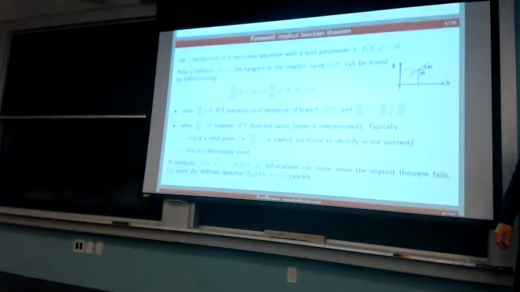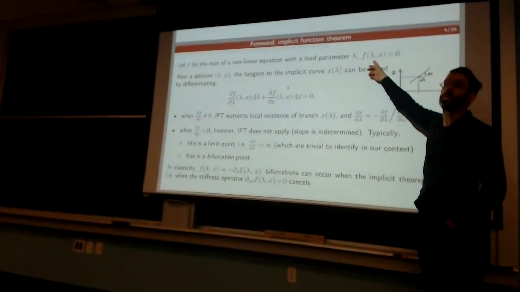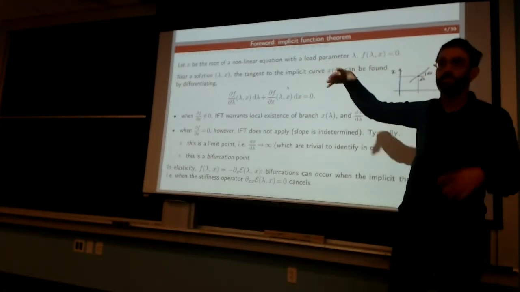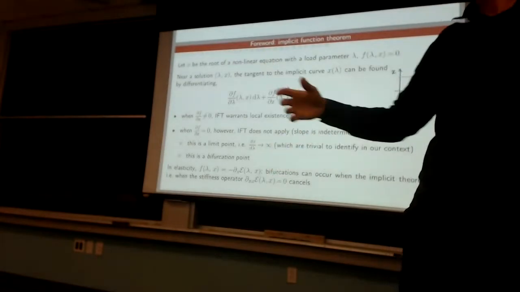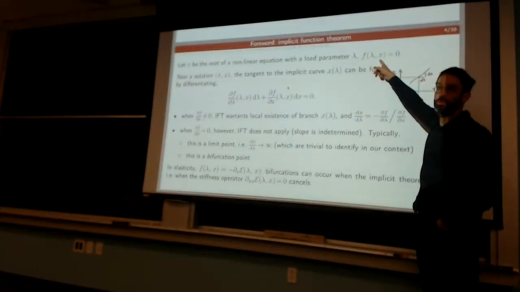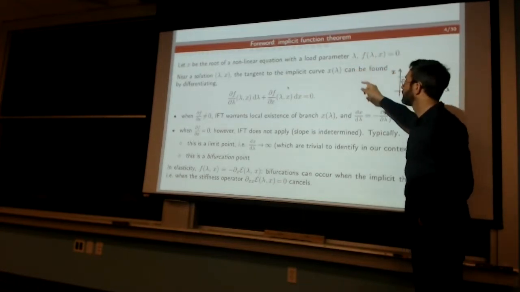And in the case of elasticity, my implicit function f would be the nonlinear equilibrium. Remember the first lectures, f was the residual of forces in a nonlinear truss, which I can calculate as a function of the truss configuration. An equilibrium is when all these residual forces cancel.